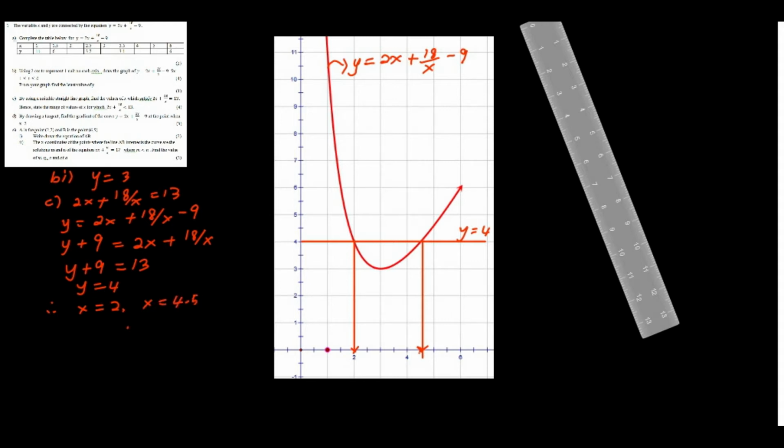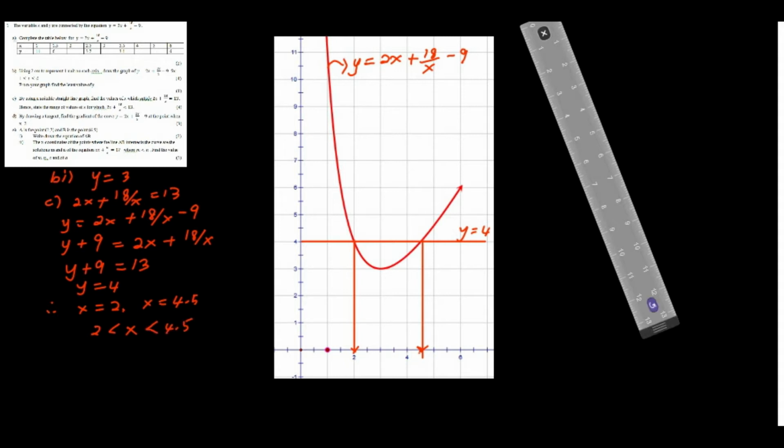Then after that, you need to find the range when 2x plus 18 over x is less than 13. So the range is x greater than 2 and smaller than 4.5.